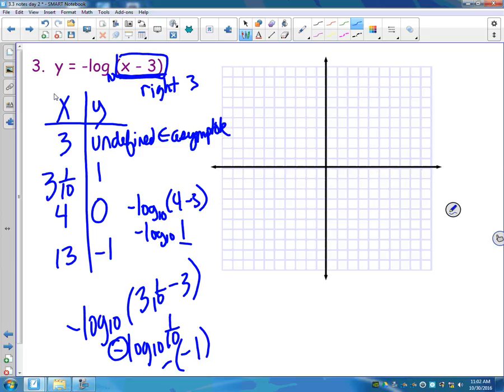So if it helps you, you could draw in your asymptote here at 3. That means our graph should never cross that line. And then at 3 and 1/10, sorry, I'm doing that backwards. At 3 and 1/10, it's going to be up here at 1.